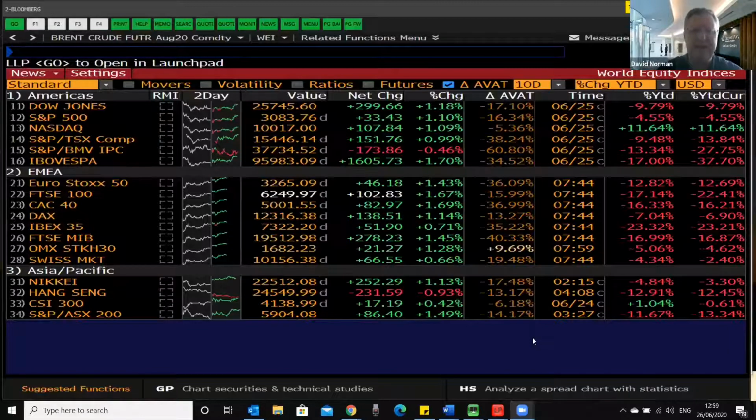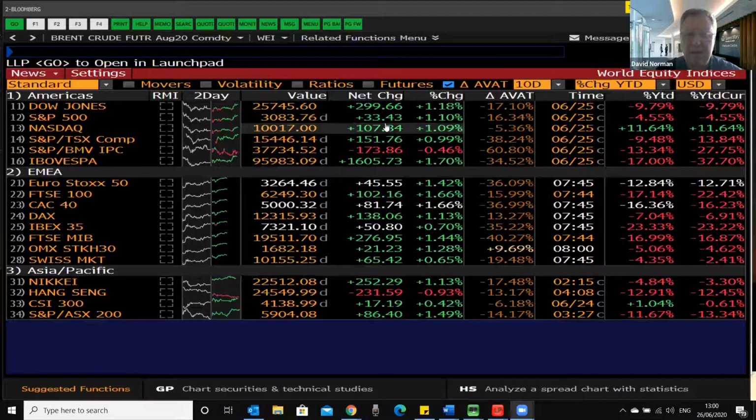Now, what you see here is a page that gives us the indices. These are the stock indices for America and the European Union, places in Asia and Asia Pacific, the Nikkei, the CSI 300 from China. And you can see that there is a constant update in all the prices that are coming on here.